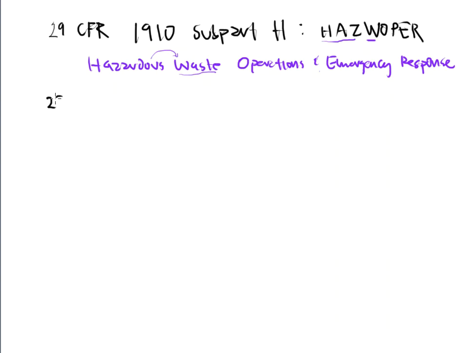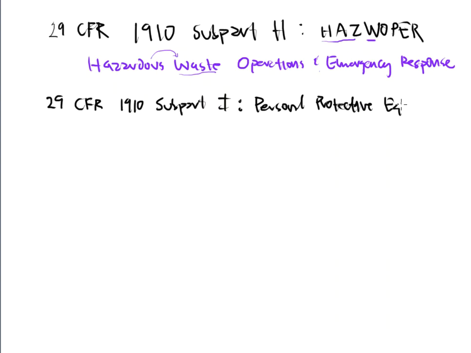Well, we also have a 29 CFR 1910 Subpart, not H this time, but I. And Subpart I is going to be our personal protective equipment. We've already talked about personal protective equipment, and we gave that an abbreviation of PPE.